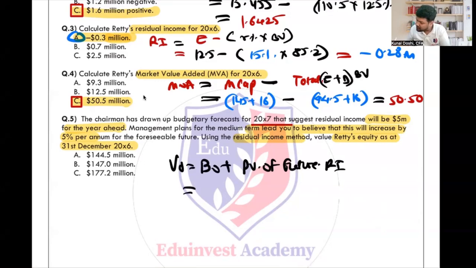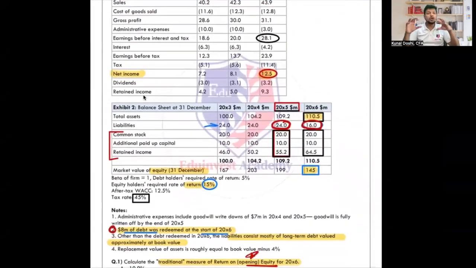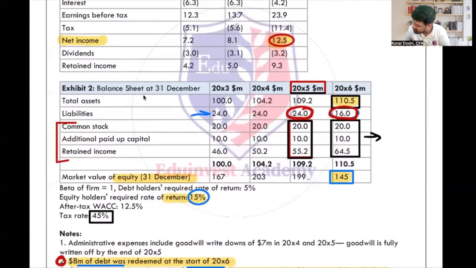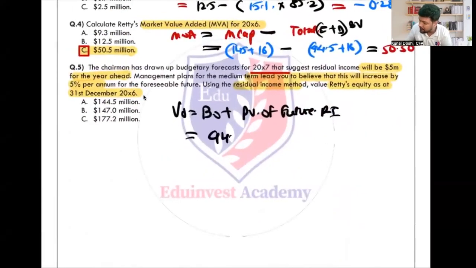I will take the current book value for the forecasted 2007, so I will take the 2006 book value, which is 30 and 64.5, that is 94.5. So 94.5 is going to be my current book value. Correct? Plus present value of future residual income.